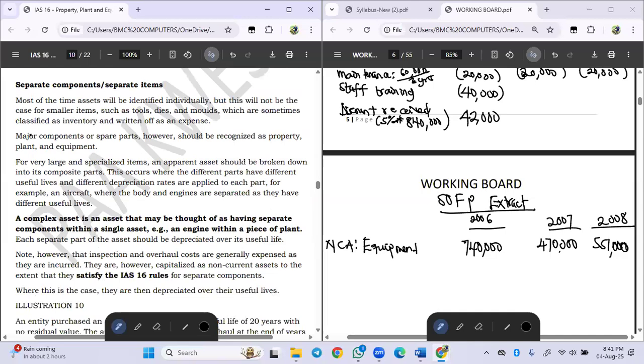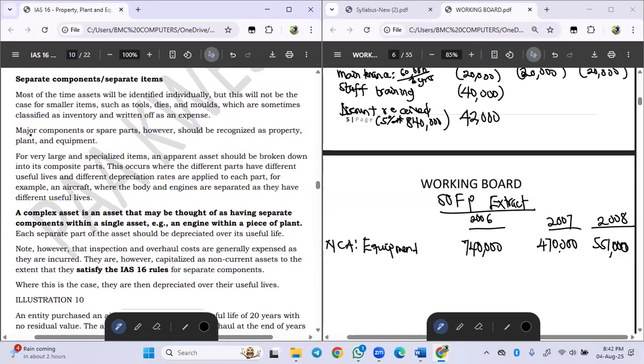We also have separate components. You can have an asset, and maybe within that asset, you have separate components. We always use aircraft. Or here you can talk about a complex asset, the same thing I said earlier.